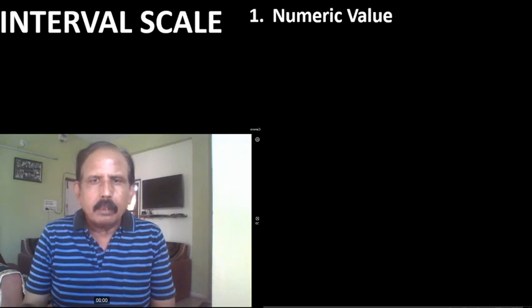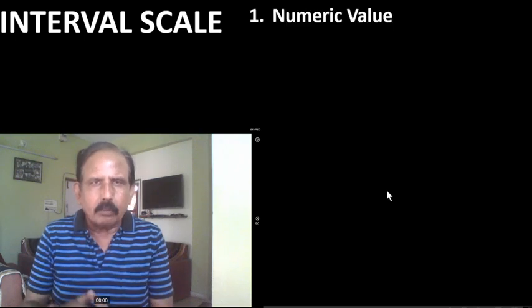Now we'll see the next type of scale, and that is the interval scale. What does it mean? It has some special features. Let us understand those features, then we will understand the meaning of the interval scale. The first feature as shown on the screen is numeric value.